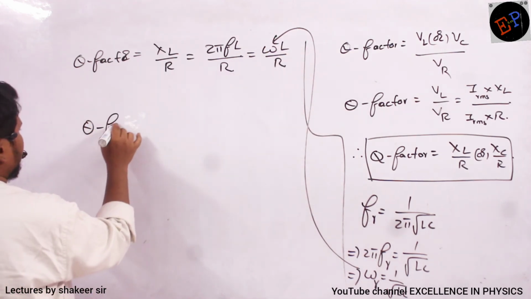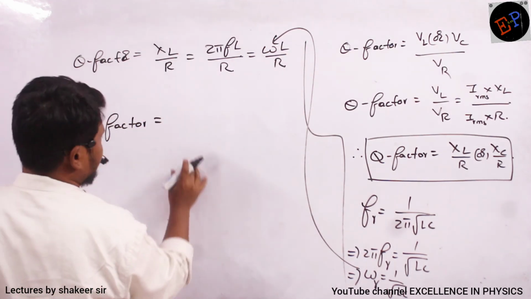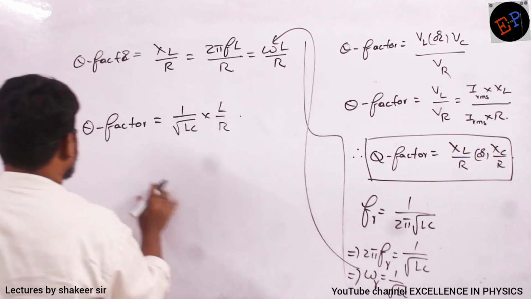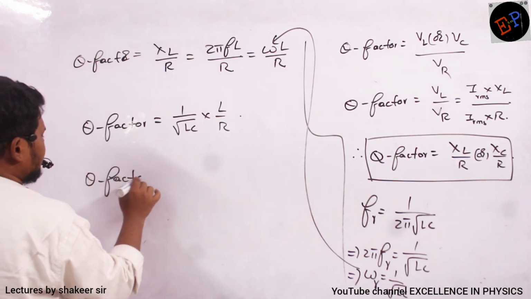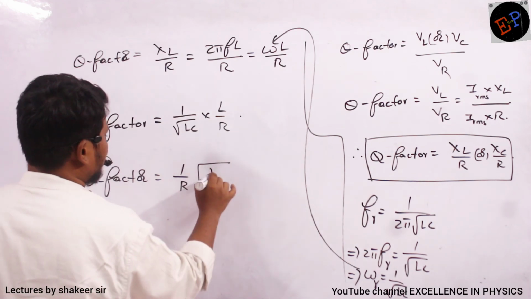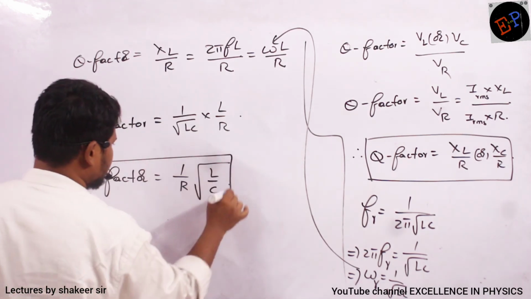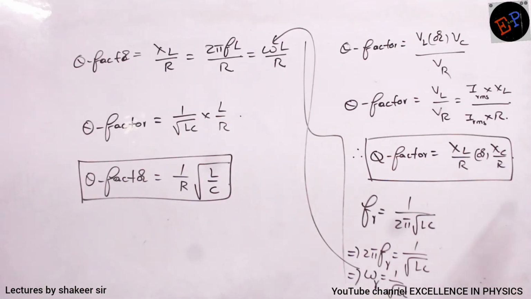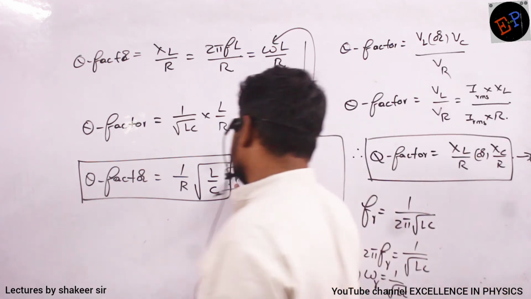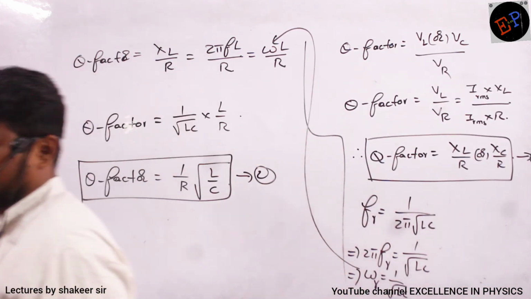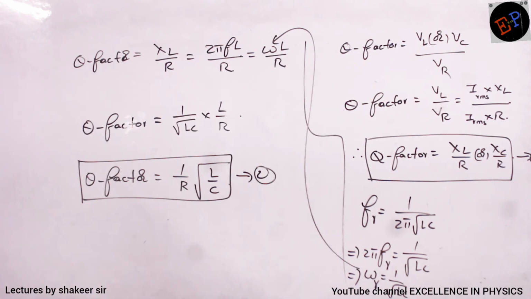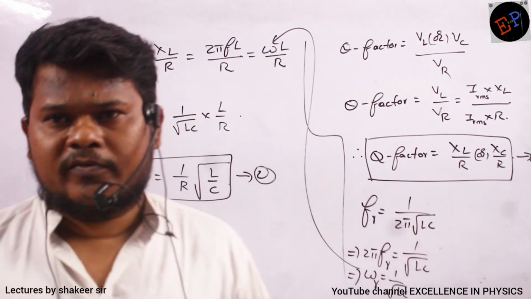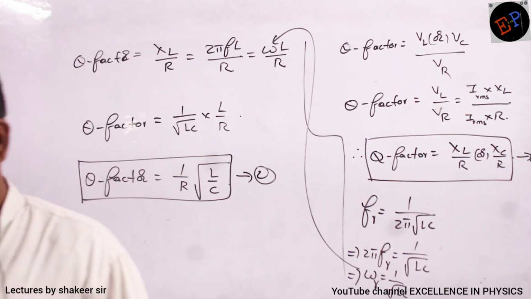Q factor can also be written as, instead of omega, 1 by root LC multiplied by L by R. Therefore Q factor can also be written as 1 by R root L by C. So this is the second equation to calculate Q factor. Understood? Two equations for calculating Q factor. Sometimes questions are given on this relation also, so try to carefully understand how we have derived it.